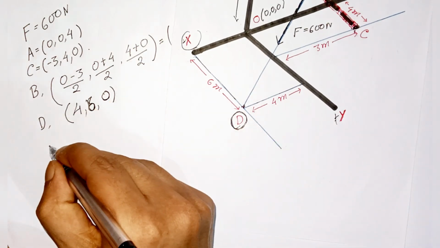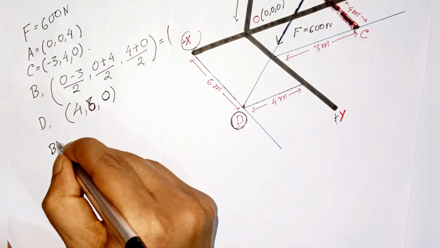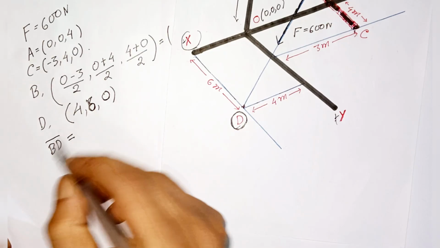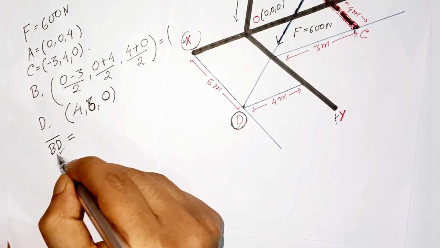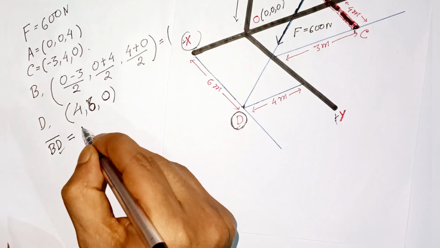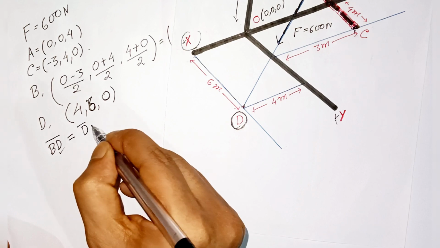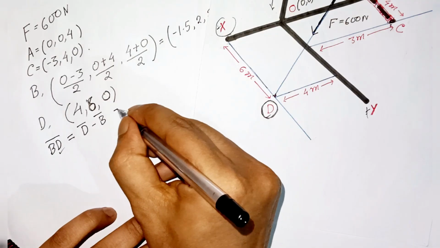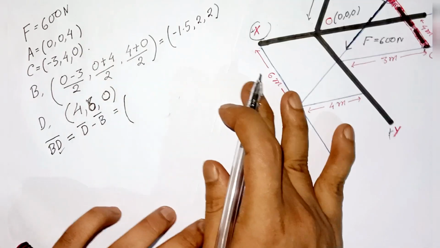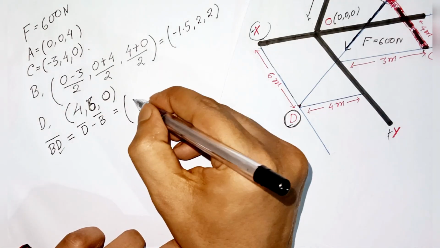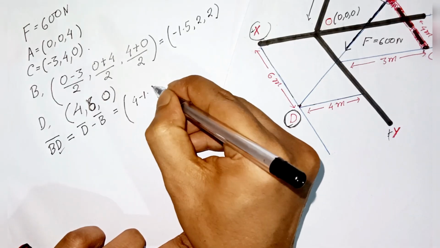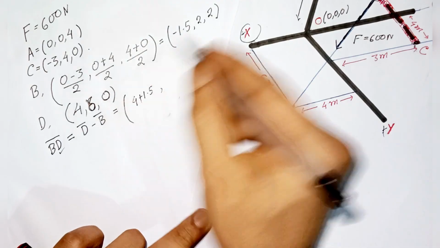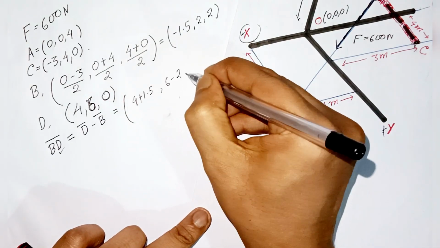Already we know how to find it. If you don't know, then go and watch my theory portion. BD vector equals D vector minus B vector, second minus first. D is the second and B is the first. So coordinate of D minus coordinate of B. That means 4 minus of minus 1.5, that is actually plus, 5.5. Then 6 minus 2 is 4.